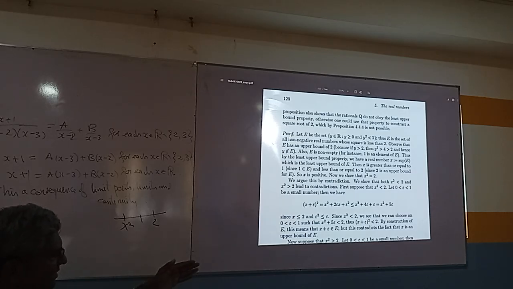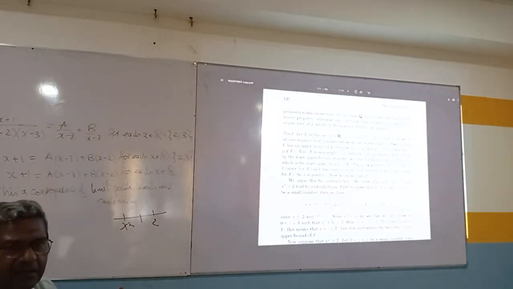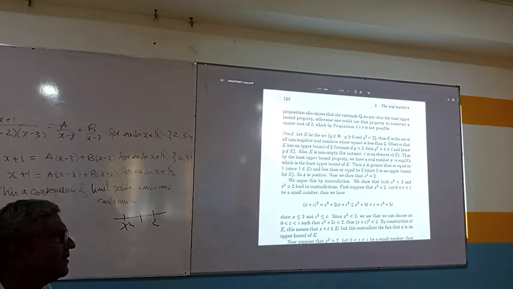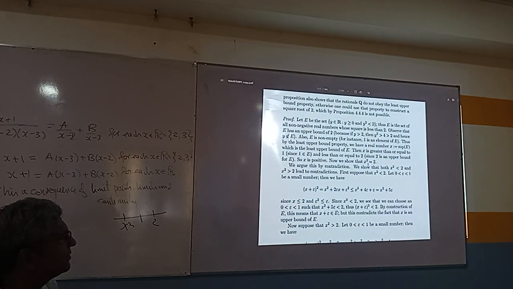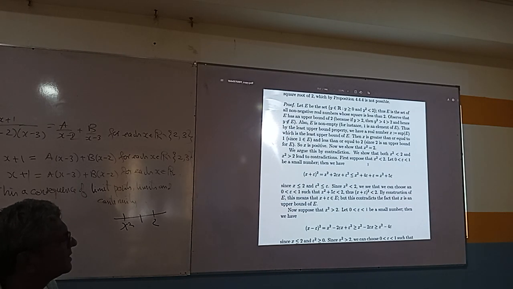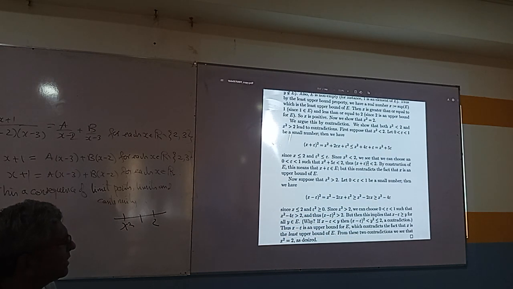Therefore, x plus epsilon must belong to the set. x is an upper bound, actually the least upper bound, and x plus epsilon is a member. x plus epsilon is greater than the least upper bound, which is a contradiction. But this contradicts the fact that x is an upper bound of the set. Right, no? So now we have shown x squared less than 2 cannot hold.